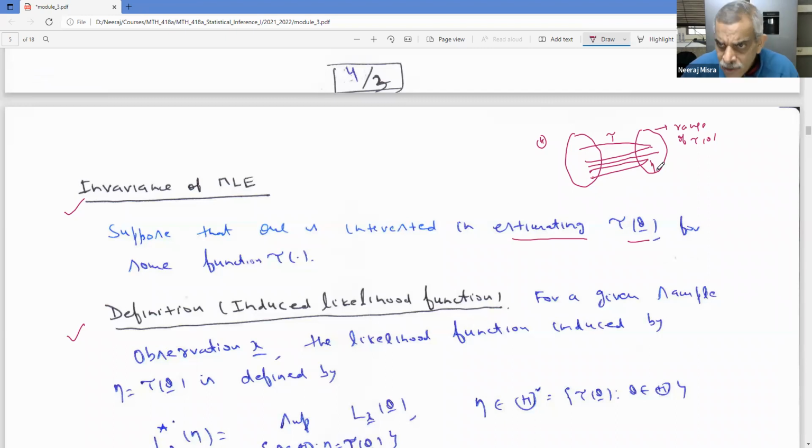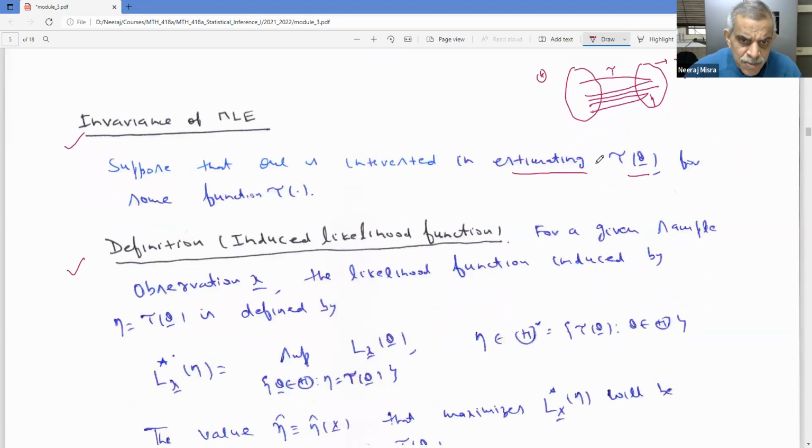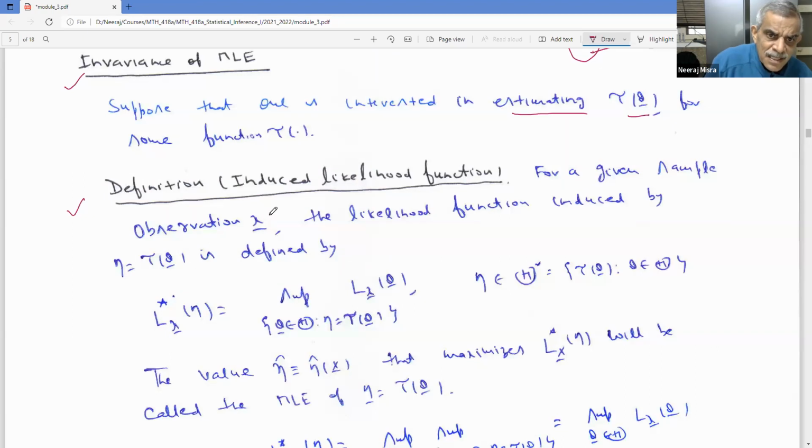So what is the induced likelihood function at the point eta? I look at the maximum of all the likelihood values whose pre-image is eta. So that is over here. For a given sample observation X, the likelihood function induced by eta, which is tau theta, is defined by Lx star eta.